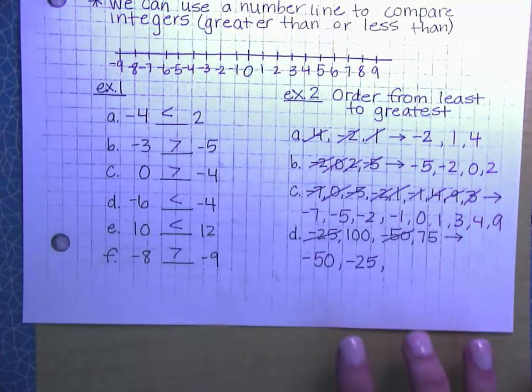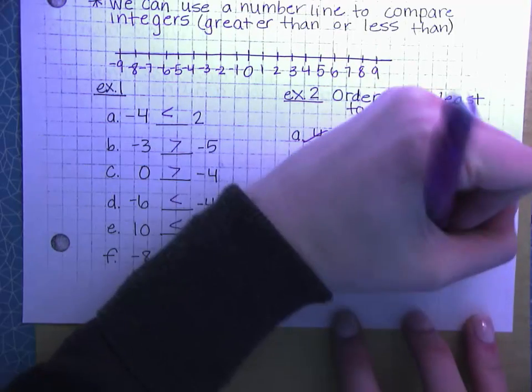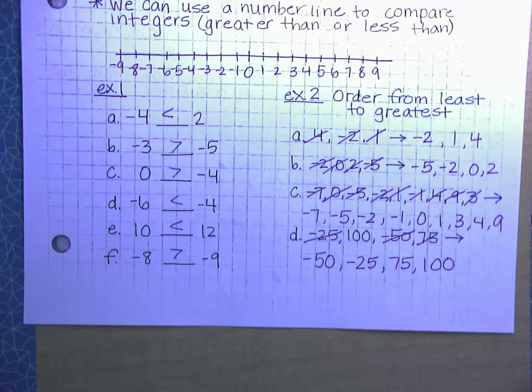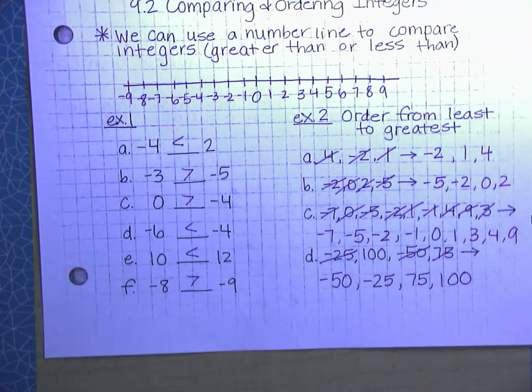Okay. 75 and 100. They're much further apart, but we can still put them in order from least to greatest. Any questions before we move on? Okay.